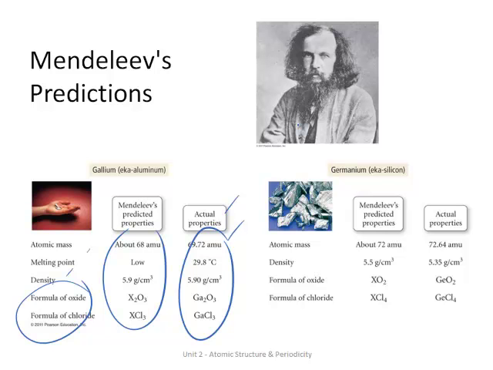And this was, of course, long before the instrumentation that we have that can actually measure mass down to atomic mass units. He was very good at showing how powerful the periodic table is.